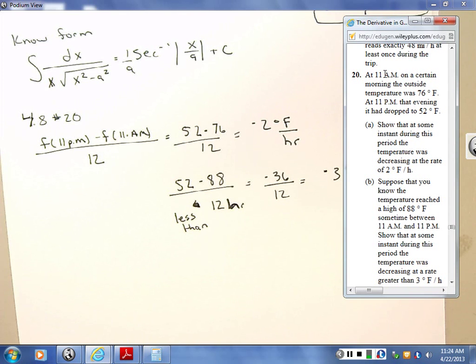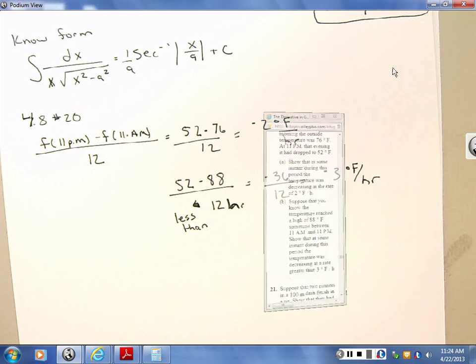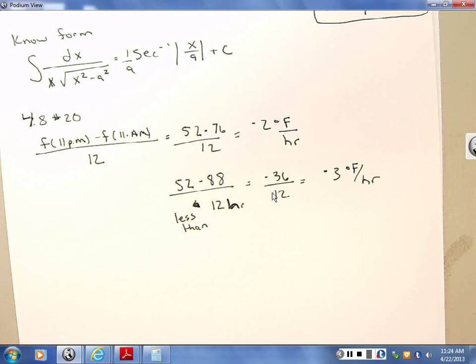So the slope of that secant line is still greater than 3. So the temperature was decreasing at a rate greater than 3 degrees Fahrenheit, because if I let it be 12 hours, that would be a rate of 3 degrees, and this is only going to be smaller than that, because it has to be some point in time between these two.